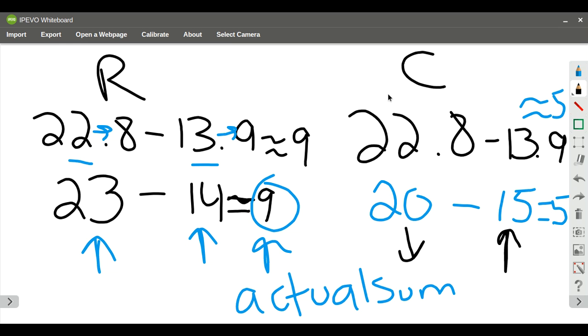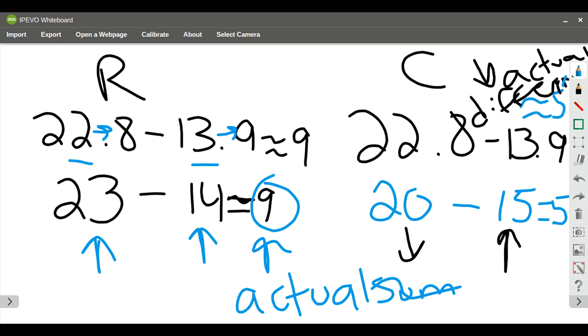So because the value that I rounded down was larger than the value I rounded up, my estimate is going to be less than my actual sum. So here on this one is going to be less than the actual, or not sum, actual difference. Apparently in my world, I was adding actual difference.